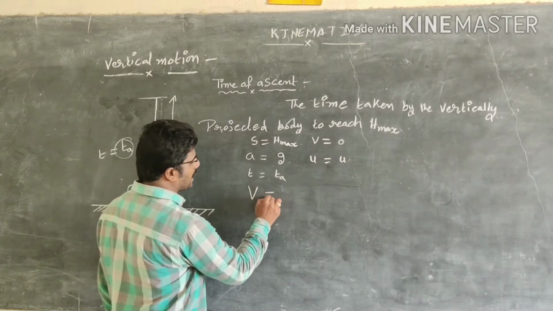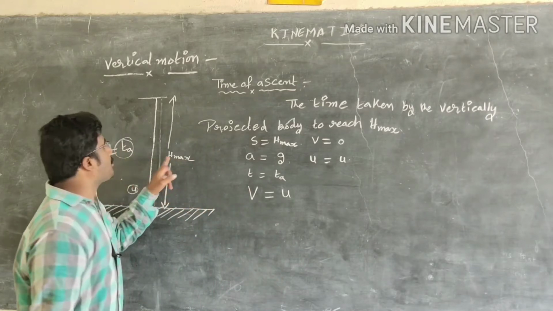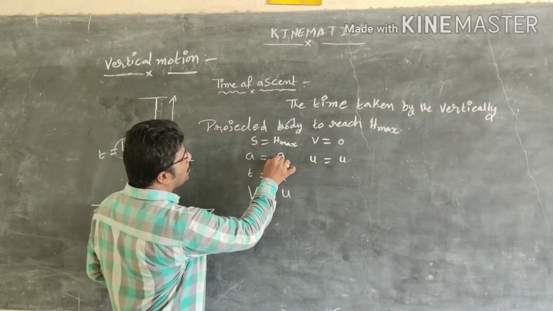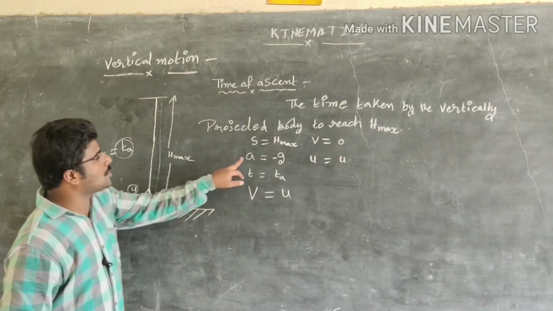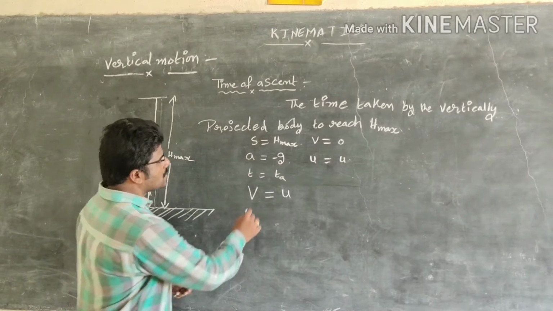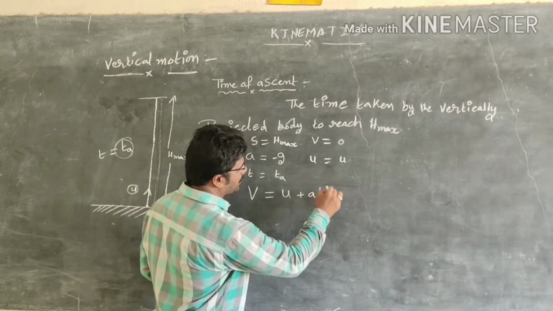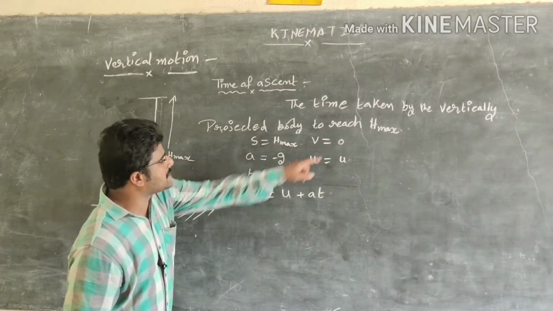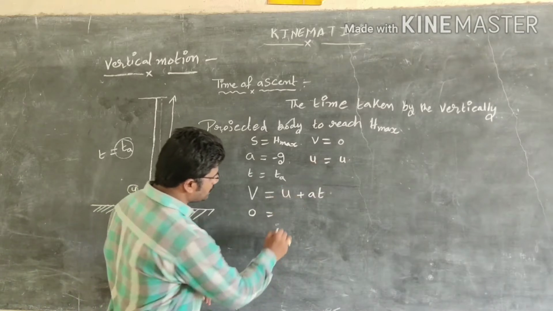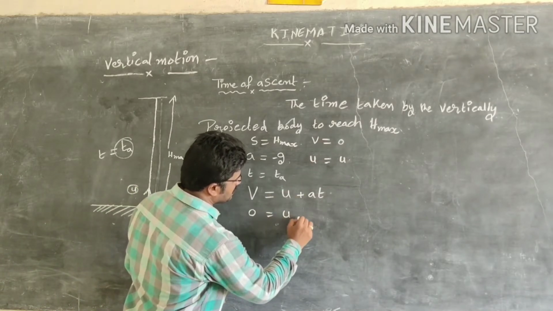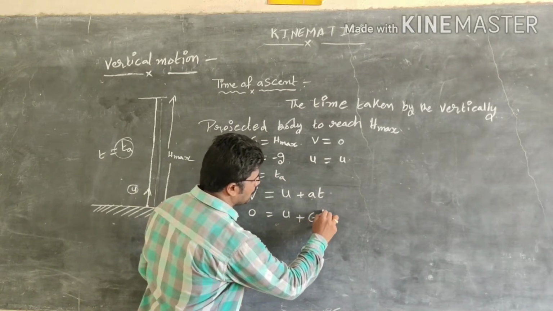What is the first kinematic equation? v equals u plus at. For a vertically projected body moving upwards, a equals minus g. So v equals u plus at. Here v is 0, u is u, plus a, the value of a is minus g, into t.